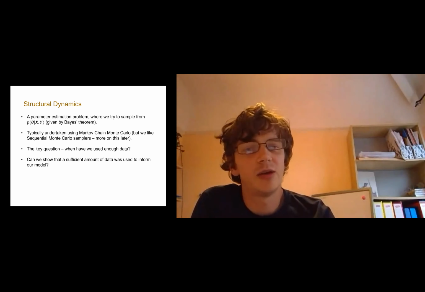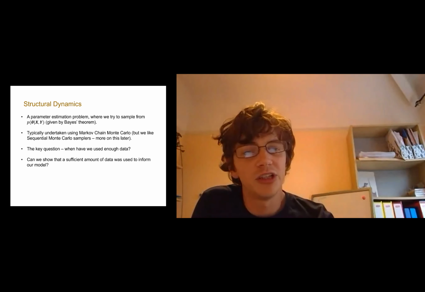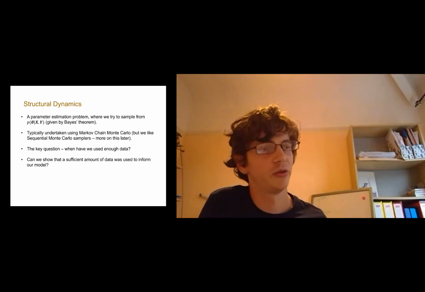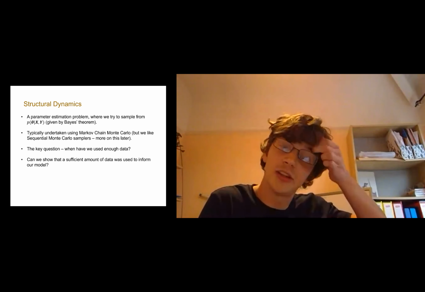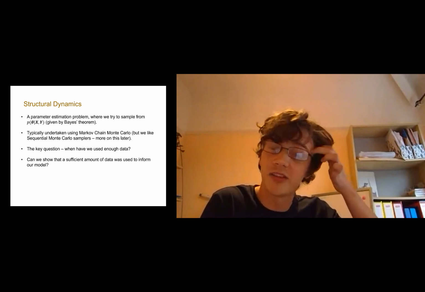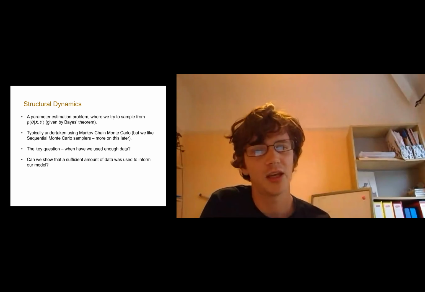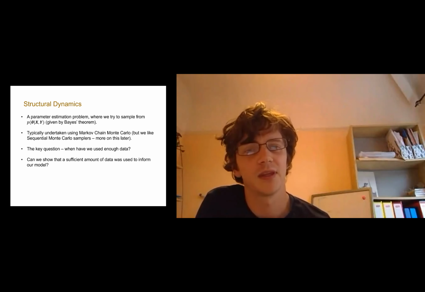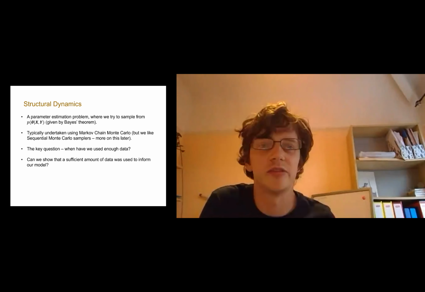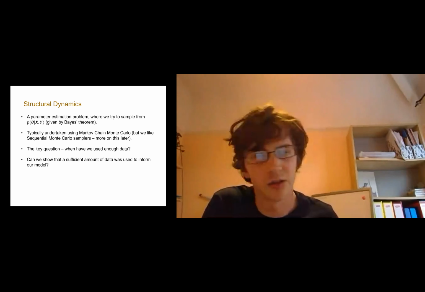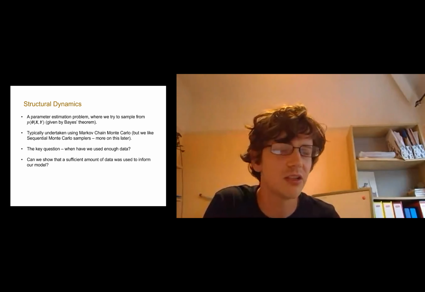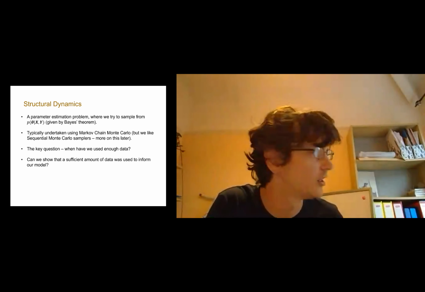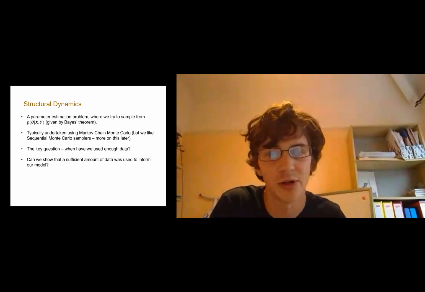And a key thing for them, which was really interesting, which I didn't appreciate initially, was they really needed to show that they'd done everything they could to make this model as accurate as possible. So specifically, they needed to show that they'd used enough data. It's because these models are going to influence a high consequence decision. It's very important that they can demonstrate that they did everything correctly. They used enough data in training.